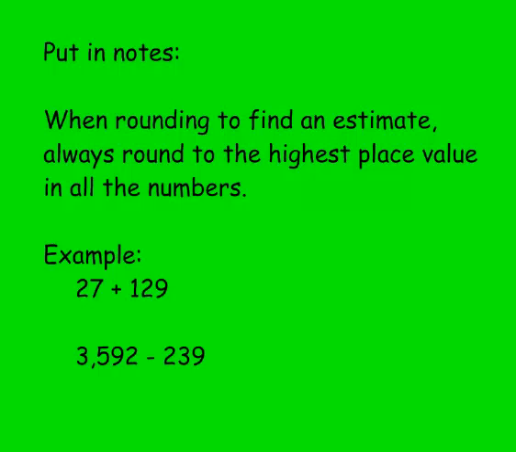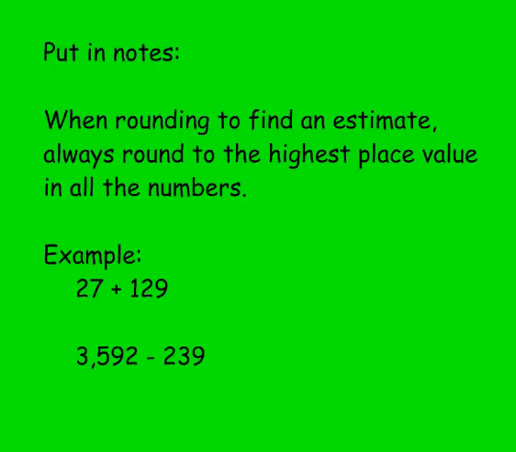So I'd like you to put this into your notes. When you are rounding to find an estimate, always round to the highest place value in all the numbers. This is a little bit confusing for some people, but I have some examples. In the first example, I have 27 plus 129.